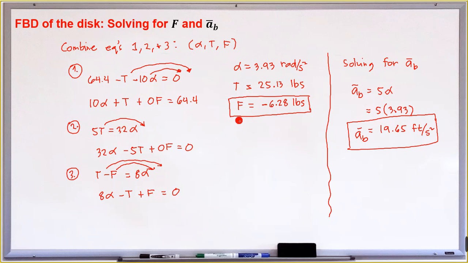The answer in the book is given as the absolute value, that is 6.28. So that is the final answer. The negative sign here indicates that the direction of the frictional force is not to the left but rather towards the right, the ICEA.